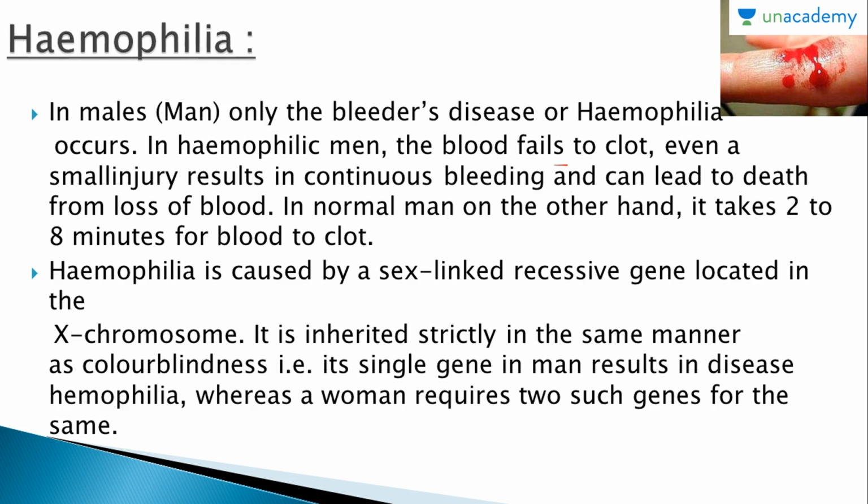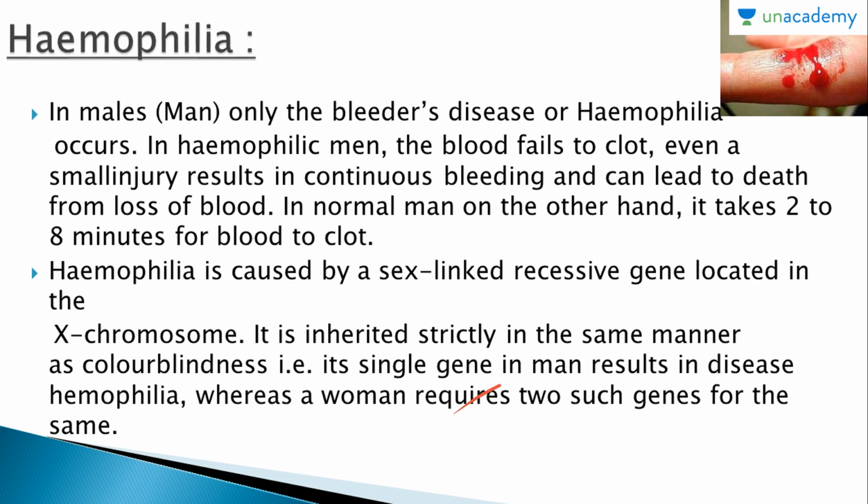In normal men, on the other hand, it takes 2 to 8 minutes for blood to clot. Hemophilia is caused by a sex-linked recessive gene located on the X chromosome. It is inherited strictly in the same manner as color blindness. In the next lesson, we shall study color blindness also.